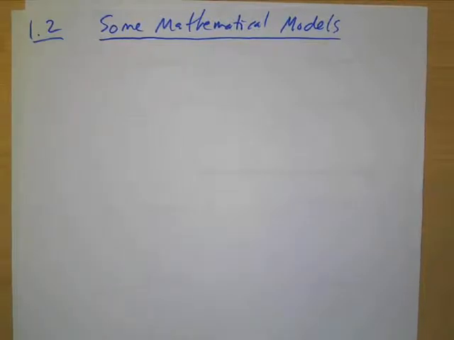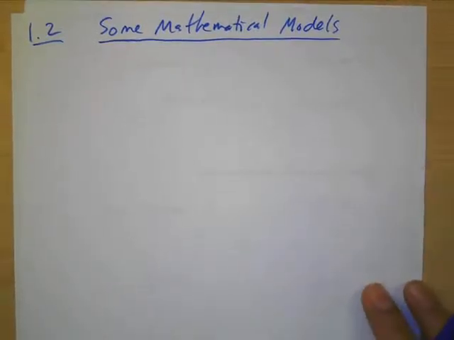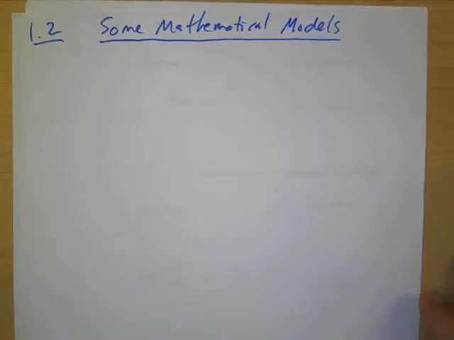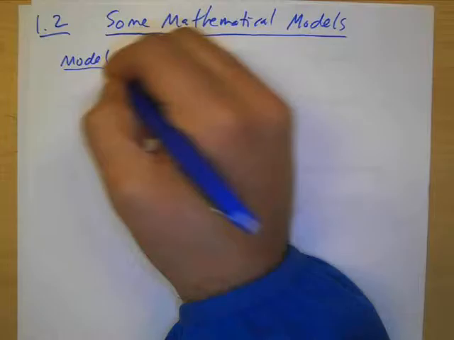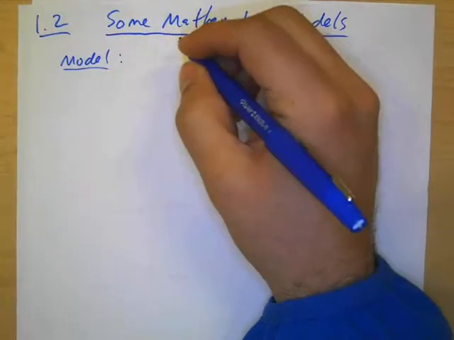All right, so in 1.2, the main objective is to look at a scenario and try to come up with a differential equation that models what's going on. Okay, so with a good model, you're going to have two things.